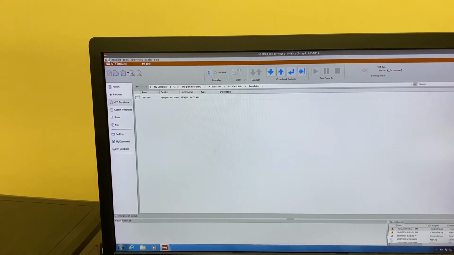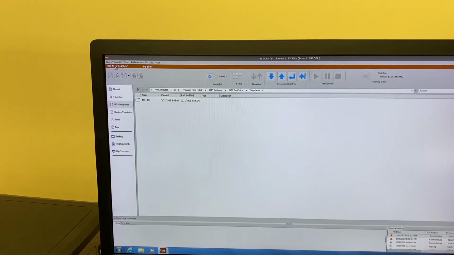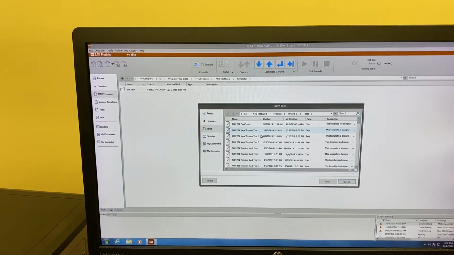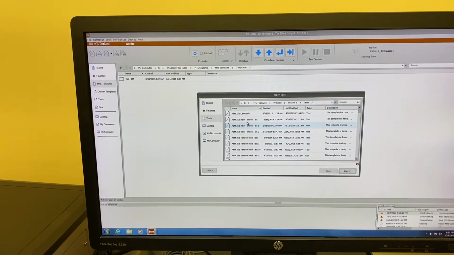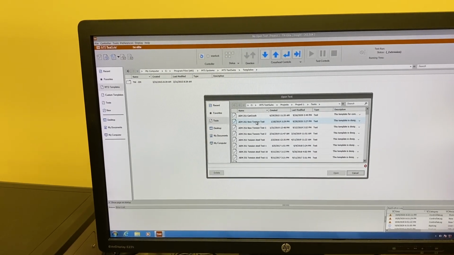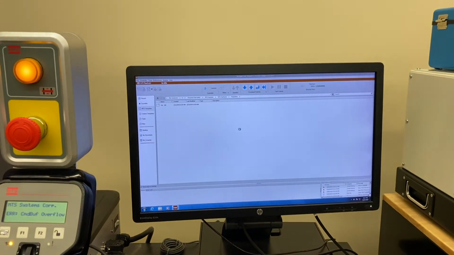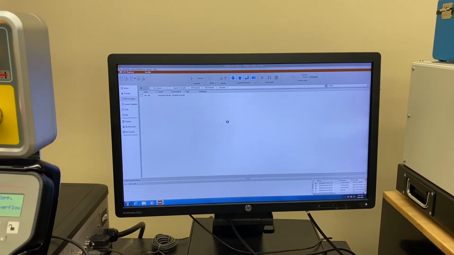Now we'll open our tension test experiment. We can open any tension test that's in the setup or of our various options. In this case, we'll just look at our new tension test, our most recent one. Now we'll wait for this program to open.